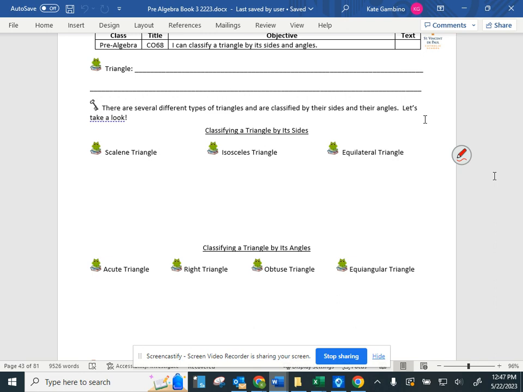So a triangle is a polygon with three sides and angles.